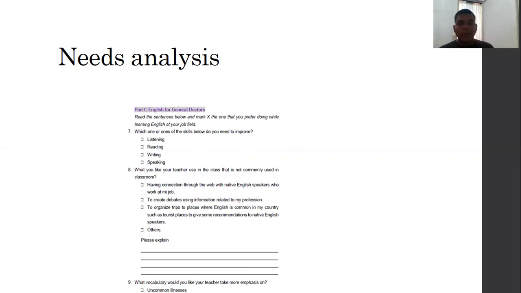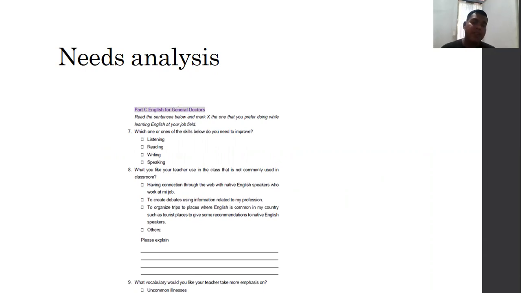So once I had asked them their background and their skills, now I want to use English for a specific purpose, in this case with doctors. So I asked other questions.